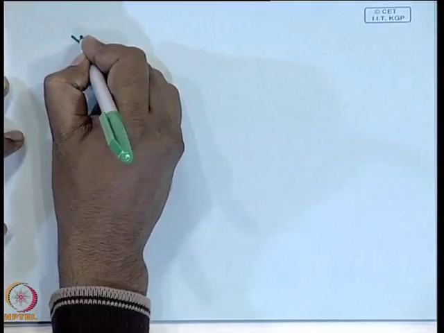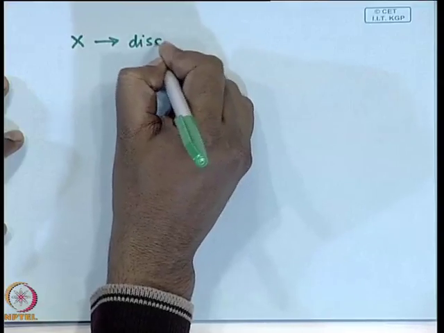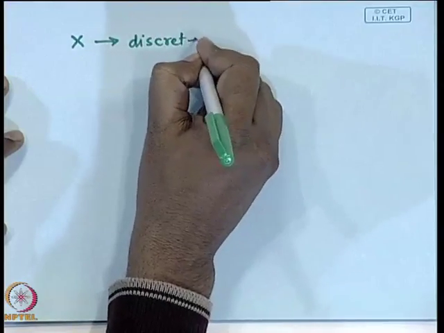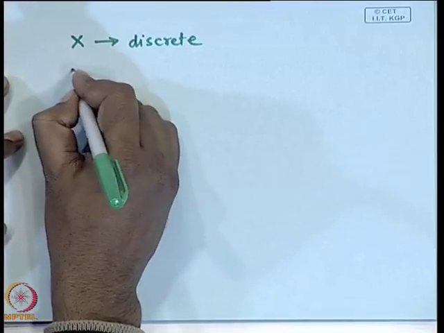So, we will take a specific case of these discrete feature vectors. Let us consider a case where we will have our feature vector x, which will be discrete. And we consider a specific case of a 2 class problem.